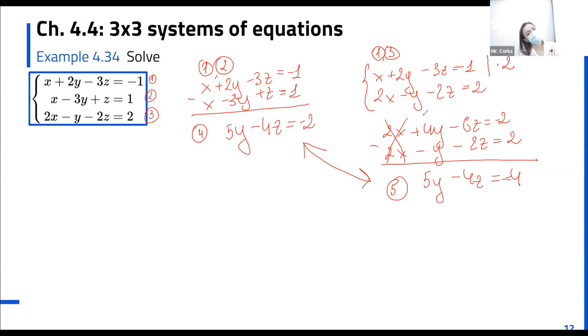Any questions about this part, about no solutions? Any concerns? Maybe somewhere to clarify? We need to check coefficients in front of variables to get the idea whether they are parallel or not.